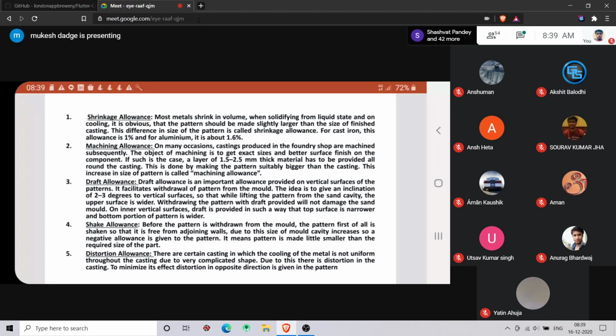So you have to machine it, so that allowance is added on the pattern. Generally 1.5 to 2.5 mm of material is added on the pattern. That is your machining allowance.